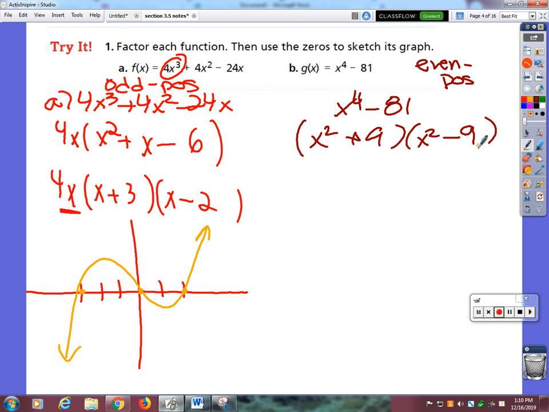Which one of these two things, or maybe both, can be factored into what? What else can I do? Okay, this guy right here, the x squared minus 9, I can factor into x plus 3 times x minus 3, right? Okay. Well, they're not both the same.